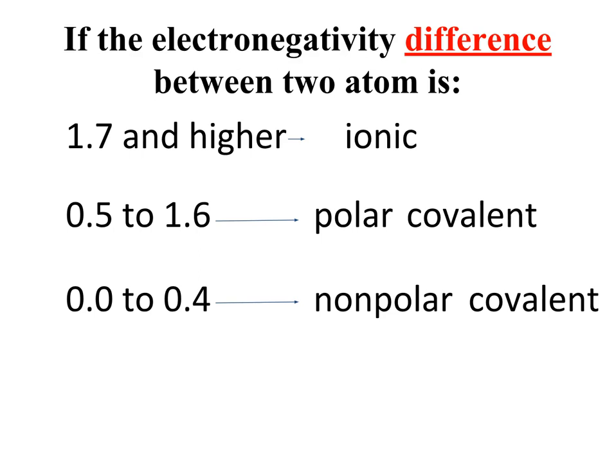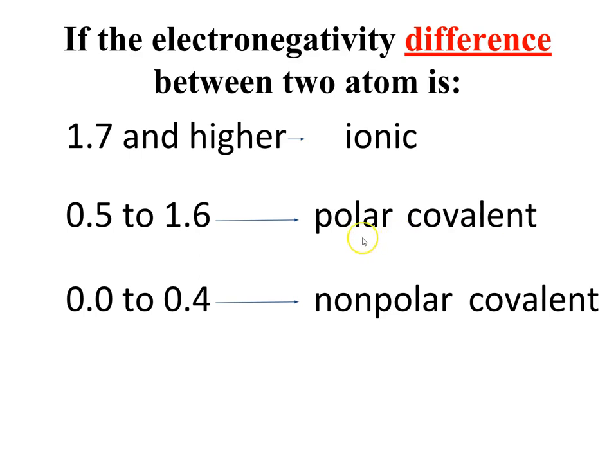So scientists have determined that if the electronegativity difference between two atoms that are bonded together is greater than 1.7, then we can refer to that bond as an ionic bond, which makes it an ionic compound. If the difference between the electronegativity of two different atoms is between 0.5 and 1.6, then we have a polar covalent compound.